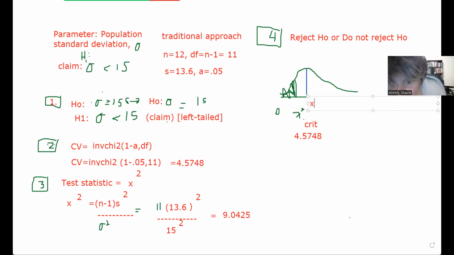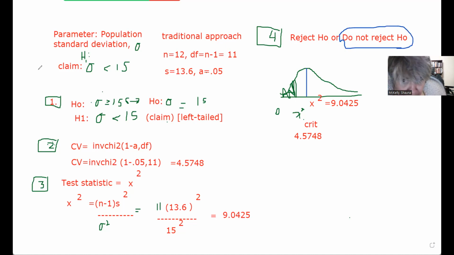This is my chi-squared test statistic, and it falls outside the critical region. So we do not reject the null hypothesis because we didn't fall in the critical region. We do not reject the null.